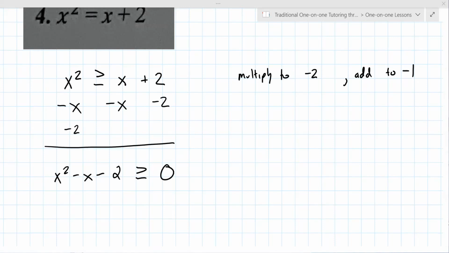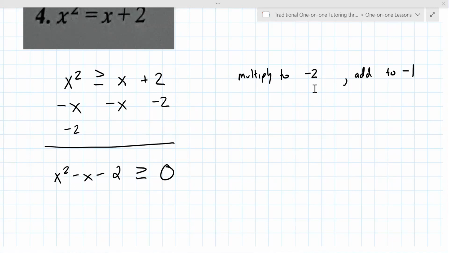Do you know what it might be? Let me just quickly write this down. Okay, I wrote it down.